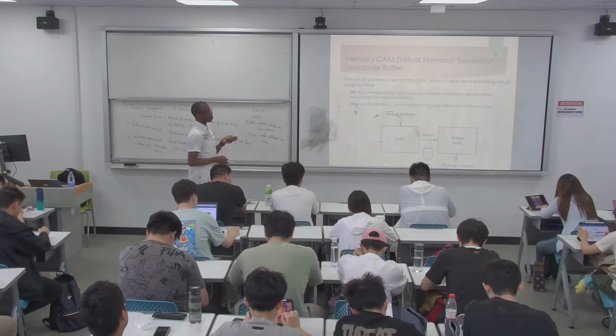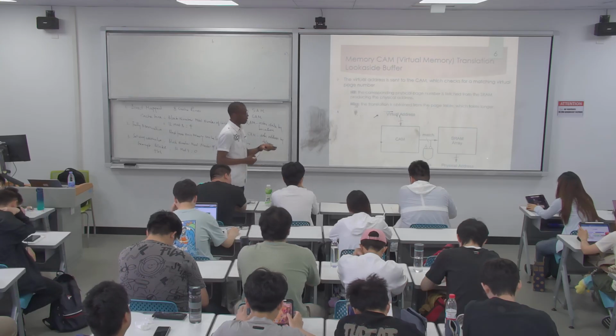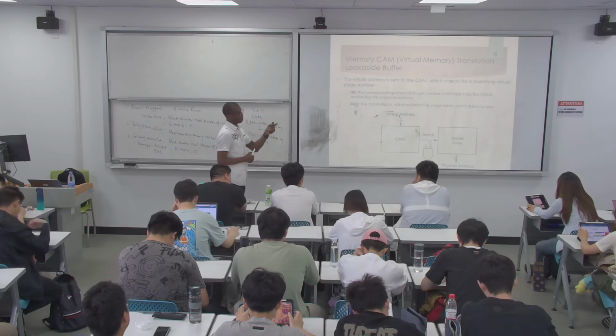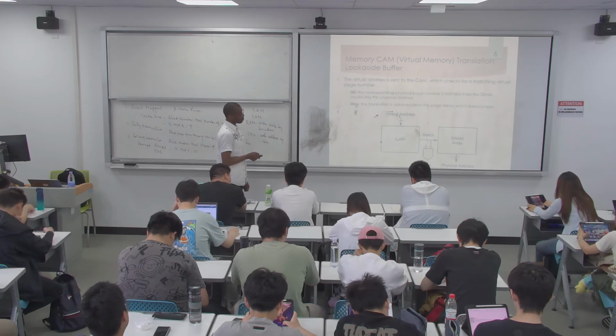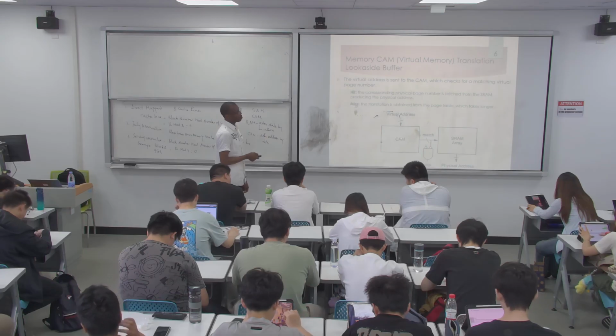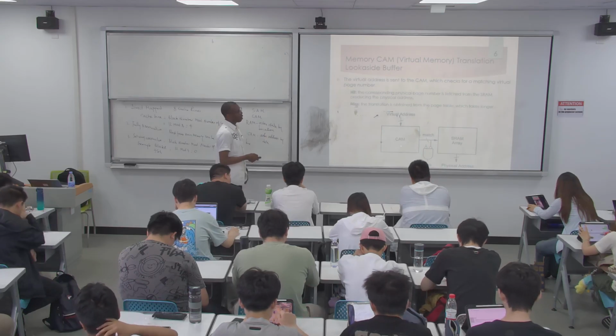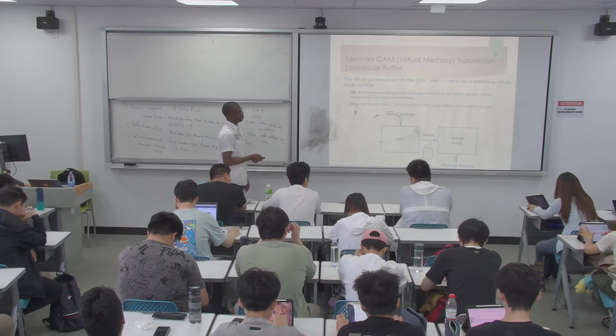The corresponding physical page number will be fetched from the static RAM. So there is a virtual address from the system. Then if there is a match in the content addressable memory, this is what we call a hit, and the physical address which corresponds to the virtual address will be fetched from the static RAM to produce the physical address.